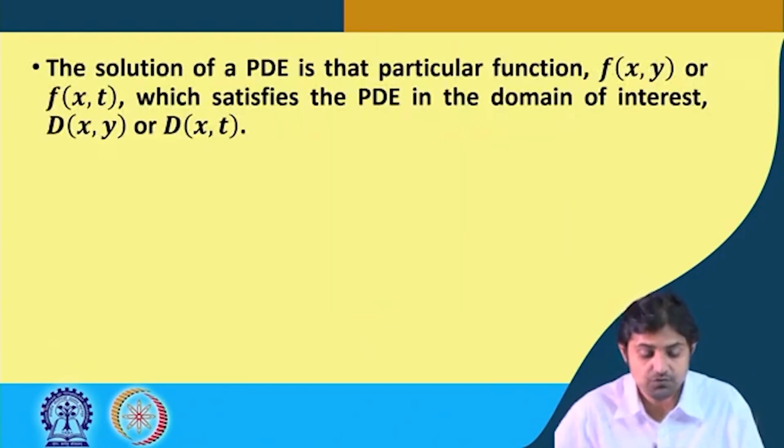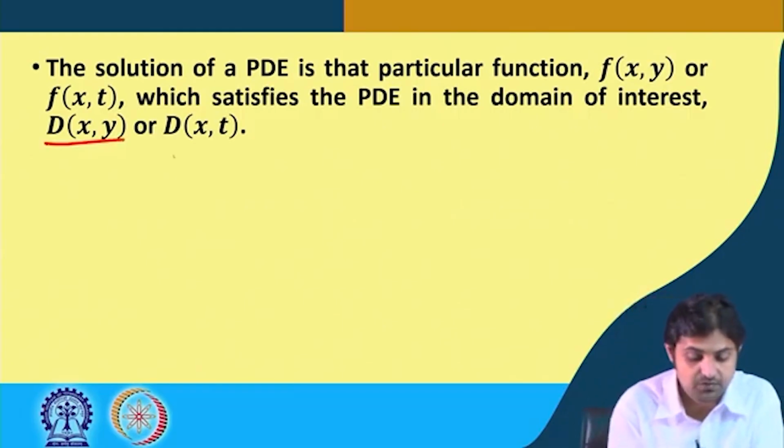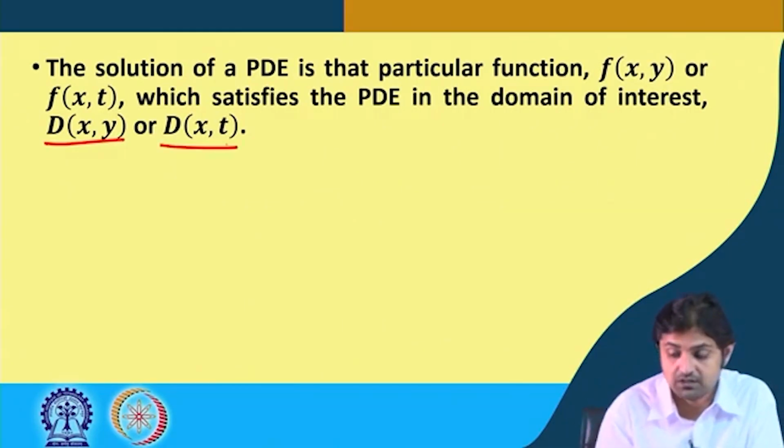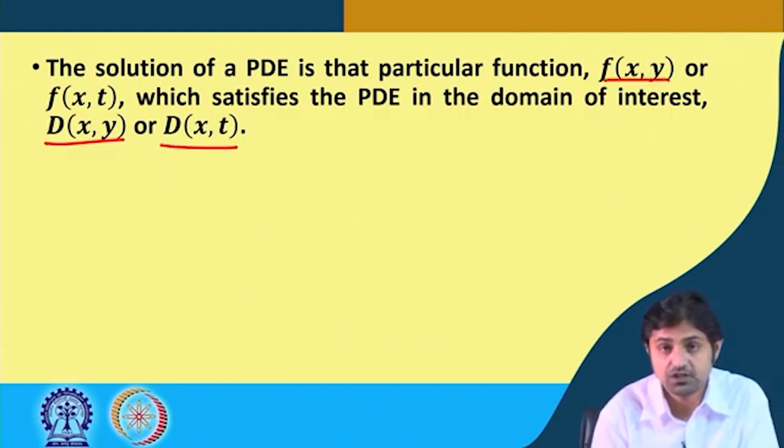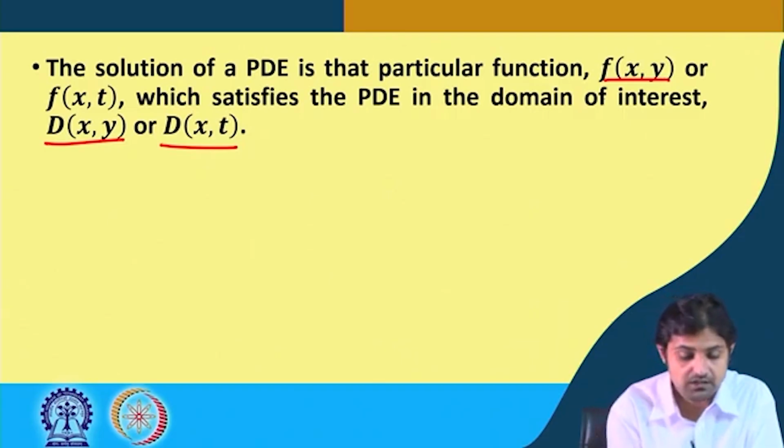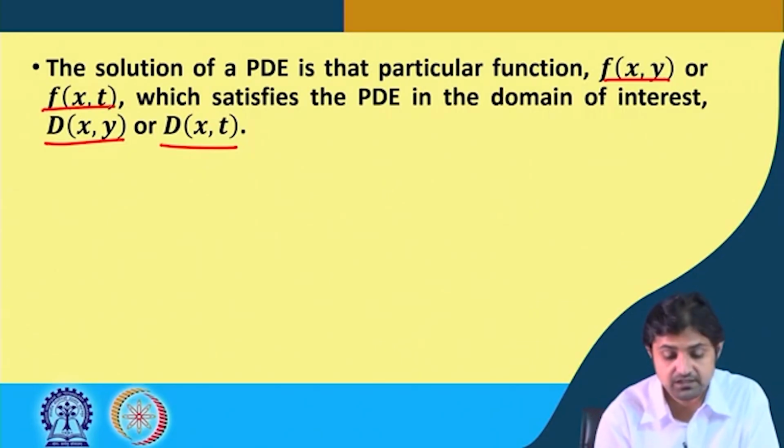The solution of the partial differential equation is that particular function f(x, y) or f(x, t) which satisfies the partial differential equation in the domain of interest. The domain is given by D(x, y) or D(x, t). f(x, y) is when the function depends only on x and y, and f(x, t) when it depends only on x and t.